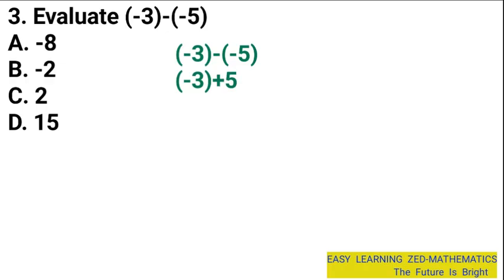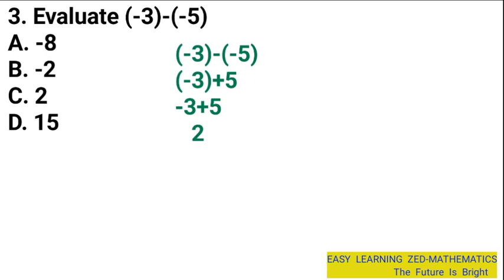At this stage, you can also get rid of the brackets covering -3. So you can say negative 3 plus 5. When you evaluate that, negative 3 plus 5 gives us positive 2. So the answer was C.